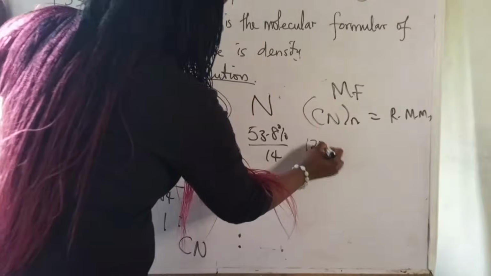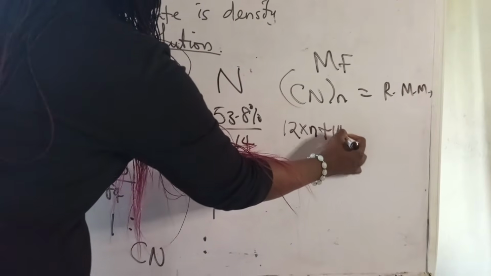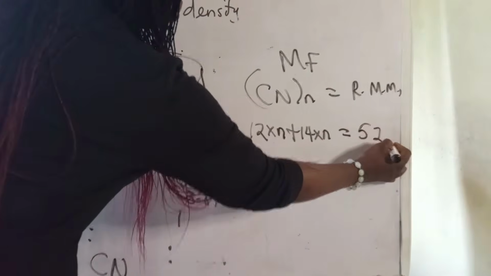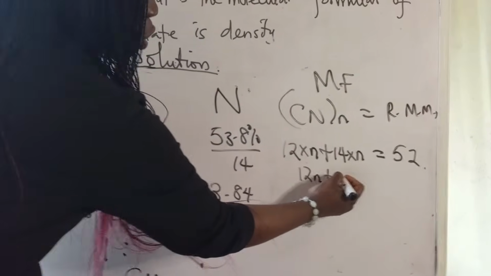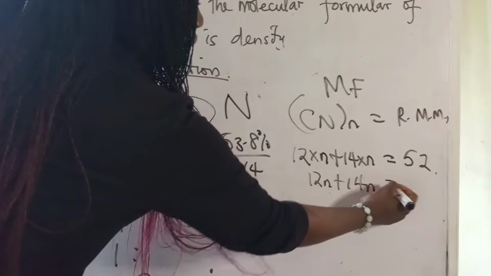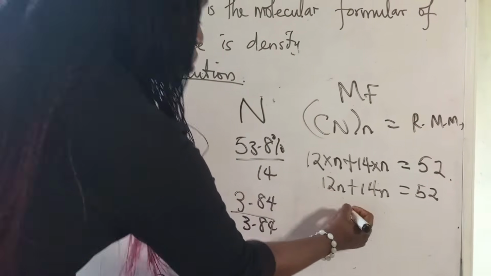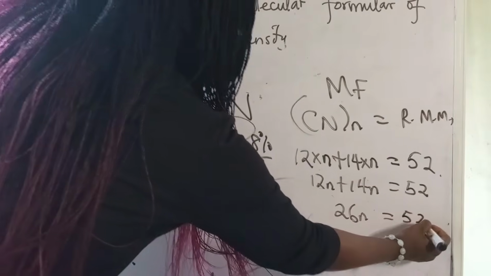Therefore 12 times n by opening the bracket plus 14 times n is equal to 52. If you add them, this will now become 12n plus 14n equals 52. Add these two together, you will have 26n equals 52.